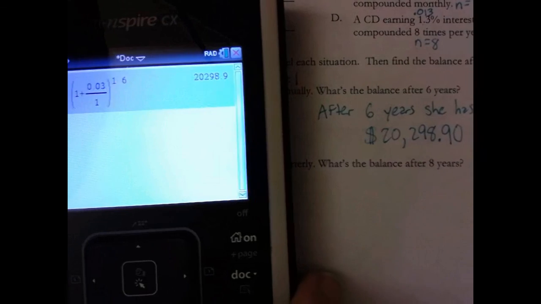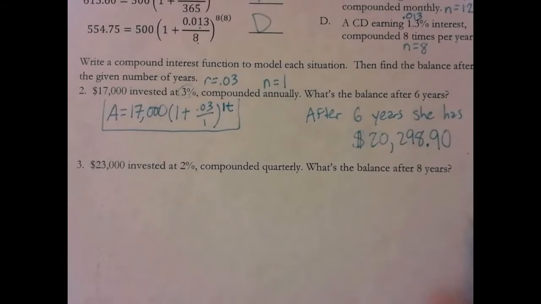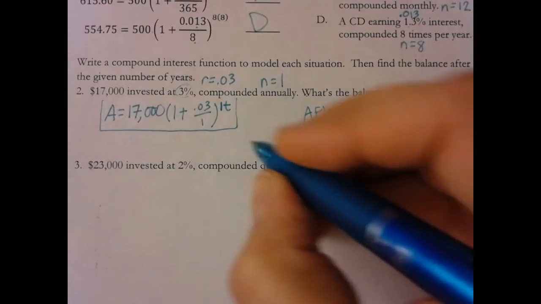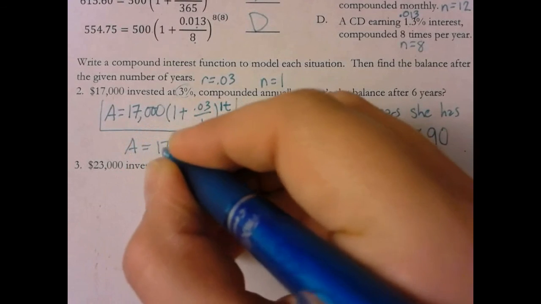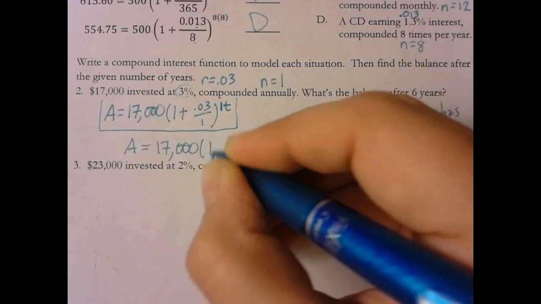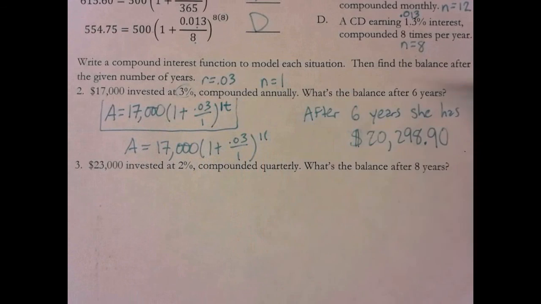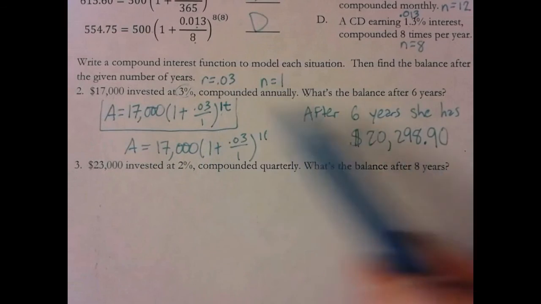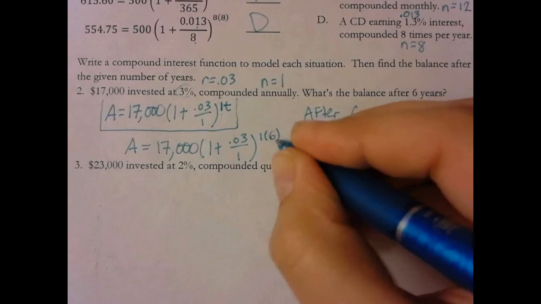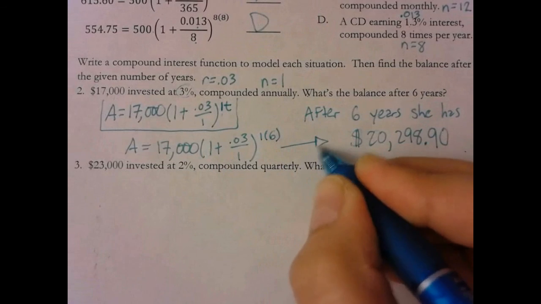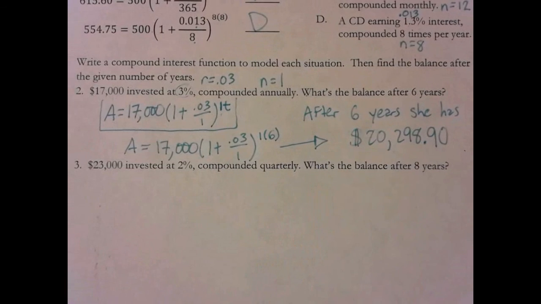So if I were you, I would write this on our paper. Not only write our answer, but I'd write how we got this. So we got that by just rewriting our equation, but instead of t, we replaced t with 6. And that's how we got that answer.